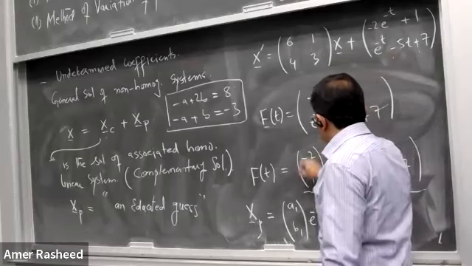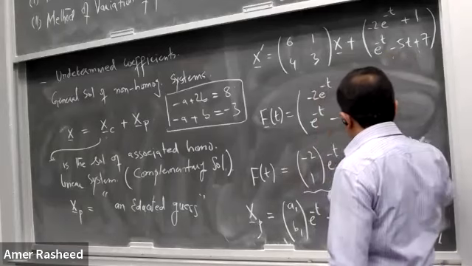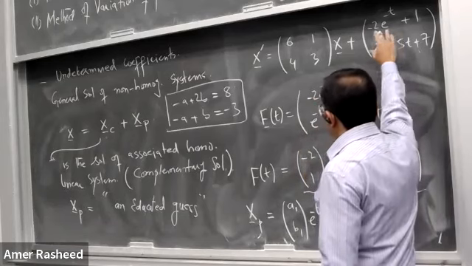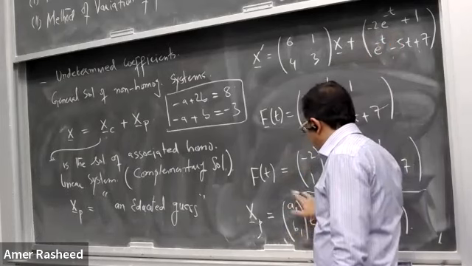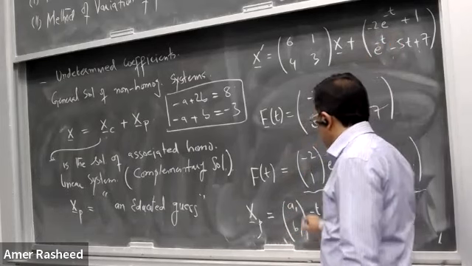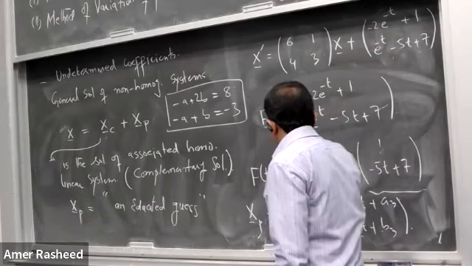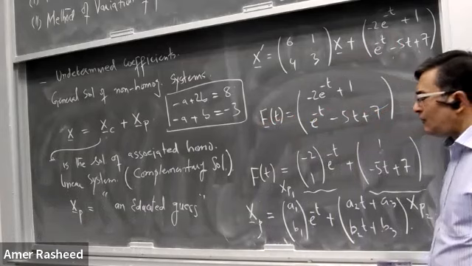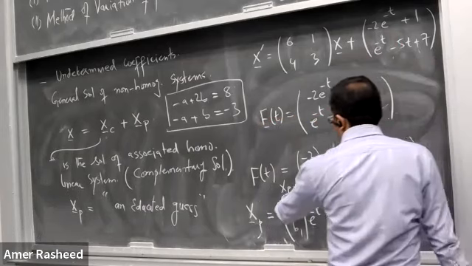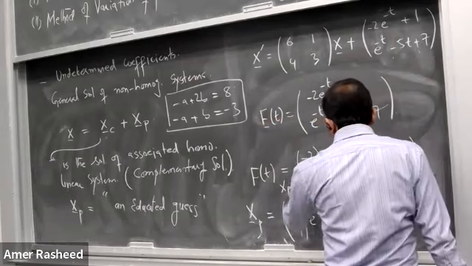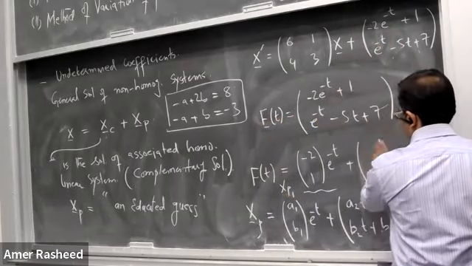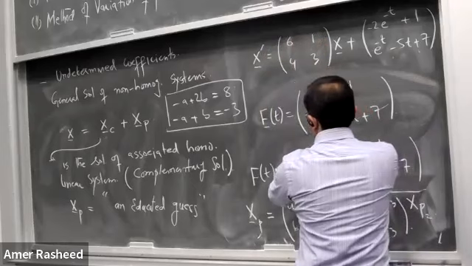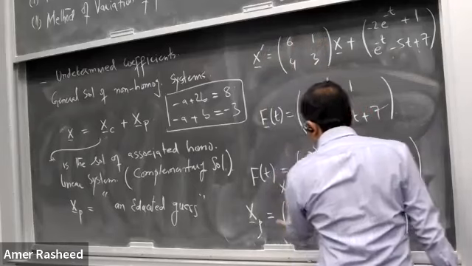So for this term, you ignore this term and you retain only this term in the system. Assuming this is your xp1 and this is your xp2, in order to find xp1, you ignore this term and solve the system with this term. Okay, you'll get a1 and b1.